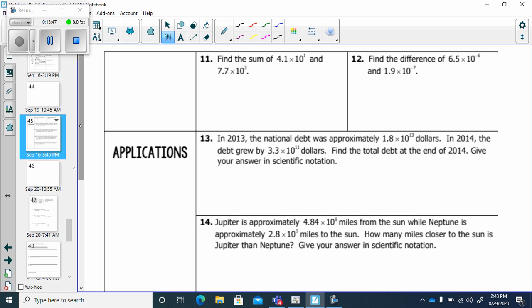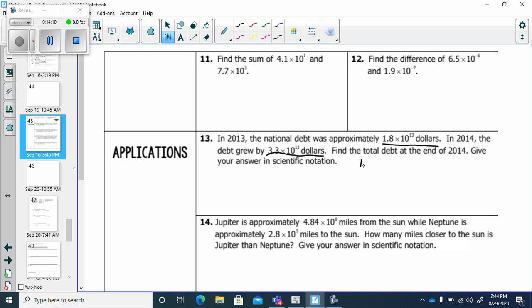I wanted to do one word problem with you. In 2013, the national debt was approximately 1.8 times 10 to the 13th dollars. In 2014, the debt grew by 3.3 times 10 to the 11th dollars. Find the total debt at the end of 2014. Give your answer in scientific notation.